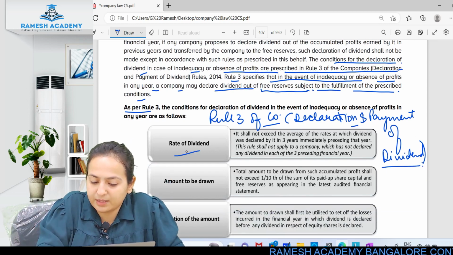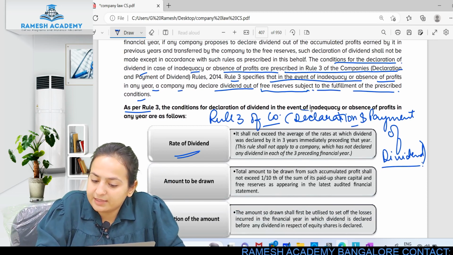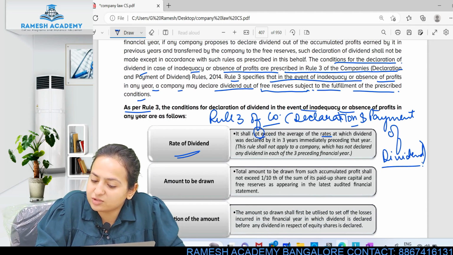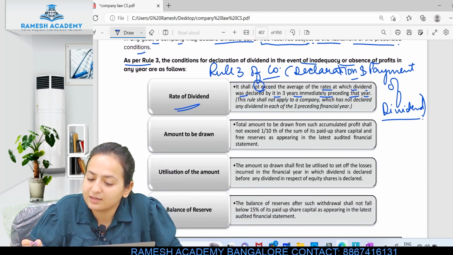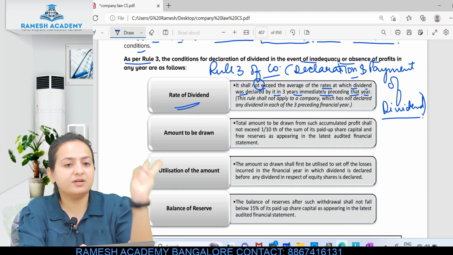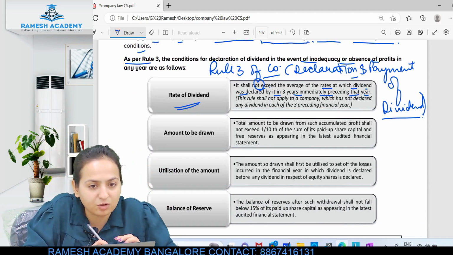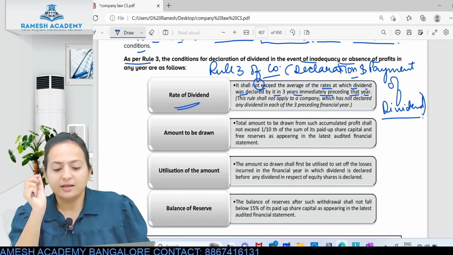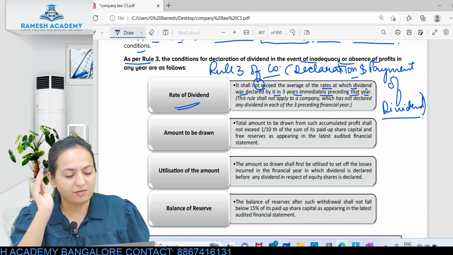So what will be the rate of dividend? In case of inadequacy or absence of profits, it shall not exceed the average of the rates at which dividend was declared in the 3 years immediately preceding that year, right? So the 3 years interim dividend provision applies here also. Preceding 3 years, whatever dividend has been declared, it should not exceed the average of this.